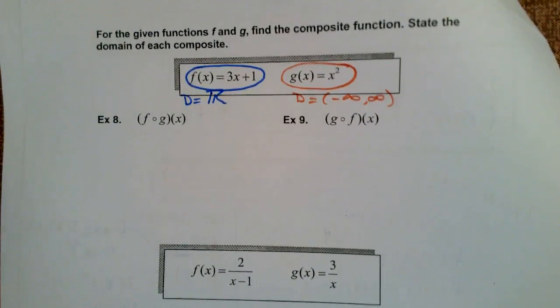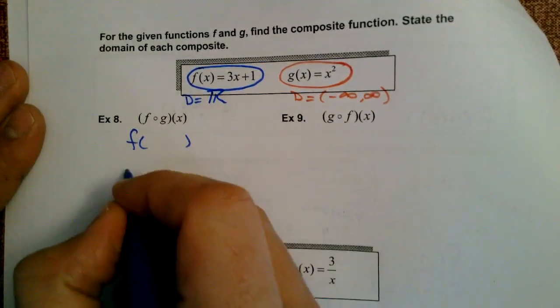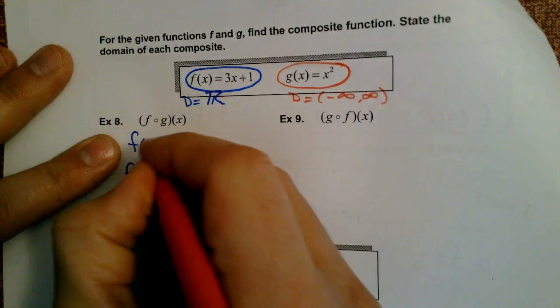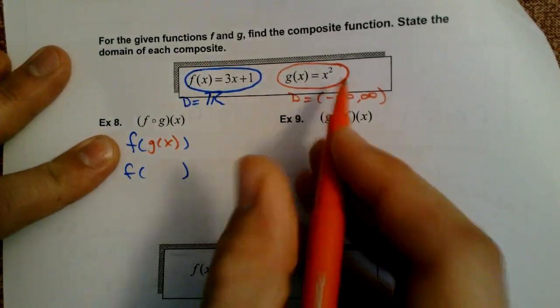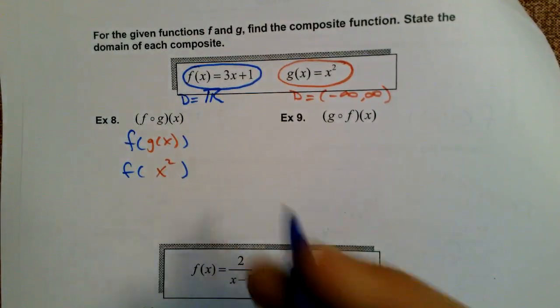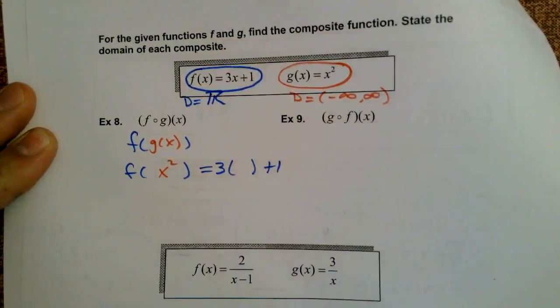So let's get started here. All right, it says f of g of x. So let me write my f's here. So f of g of x. Well, g of x is x squared. So I'm doing f of x squared. Well, the f function says I take 3 times my input and I add 1 to it.